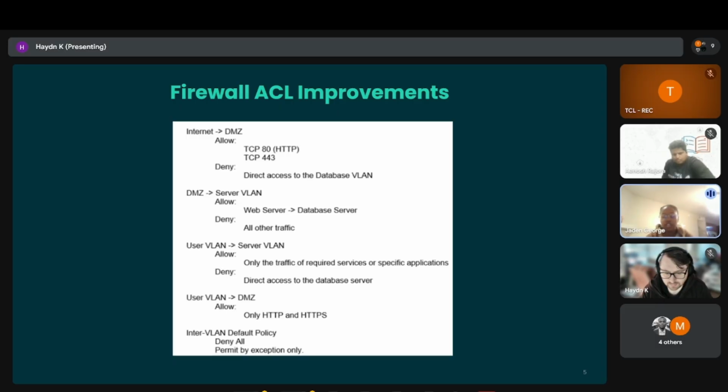And then for traffic from the user VLAN to the DMZ, we'd allow only HTTP and HTTPS. And then for the inter-VLAN default policy, we do deny all, and then we permit by exception only. So only the required services that we exclusively allow would be allowed to send traffic.